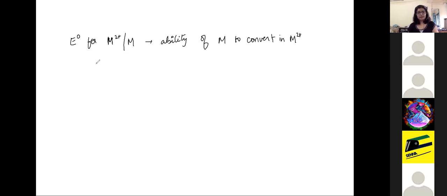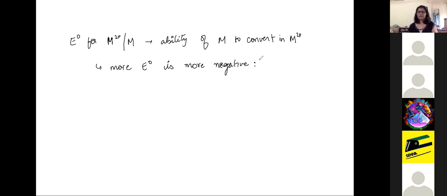And usually, the more negative or the more positive? If the E naught value is more negative, what does that represent? Is it easier for M to convert into M2+, or is it more difficult?